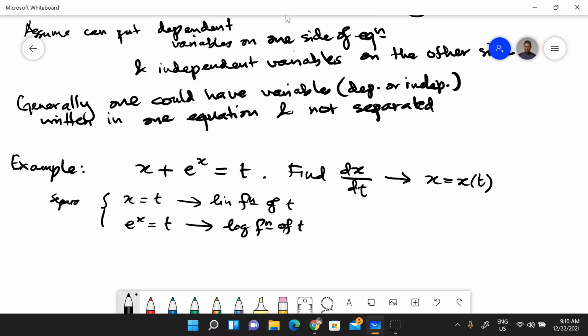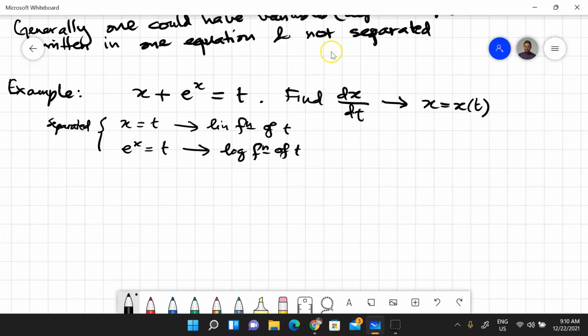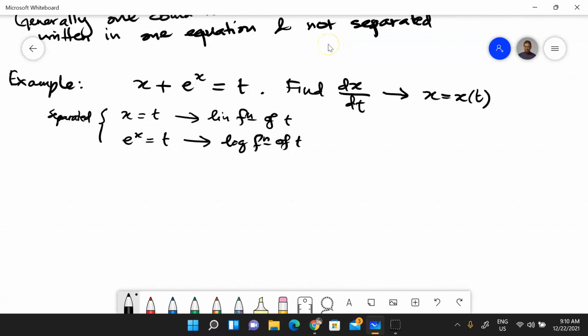But now you have them together, and when you have them together, you cannot simply have these two different functions together and then try to find dx/dt. So what one does instead is to differentiate the whole equation.